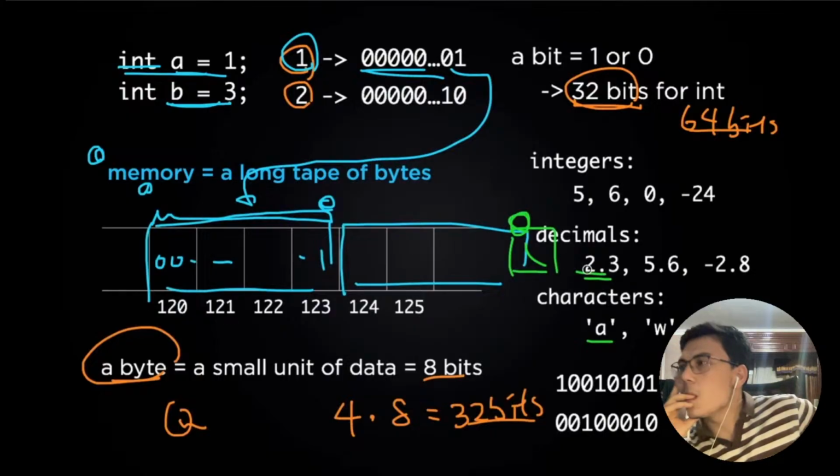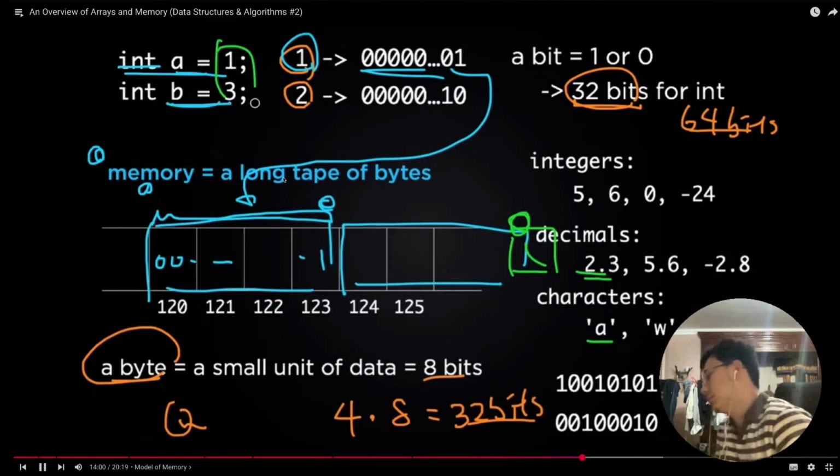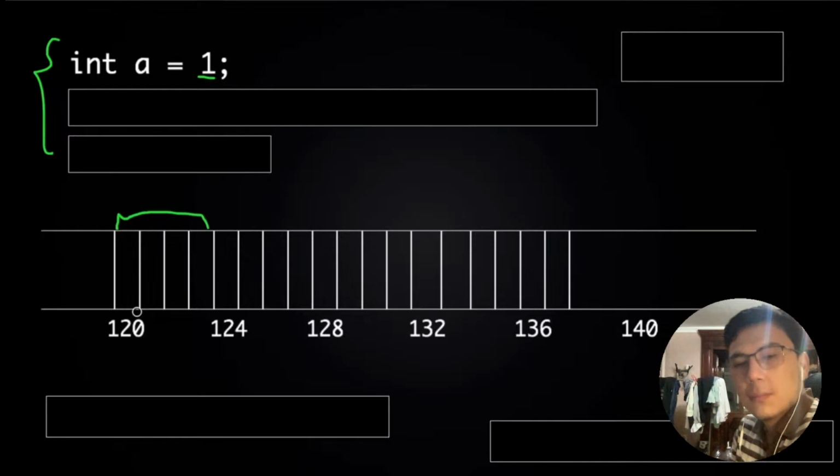Anyway, what if you wanted to store an array of integers instead of single integers? To see how that can be done, let's take a look at some more code in C. Just like before, we have int a equals 1, and that integer will be stored in these 4 bytes, from 120 to 123.